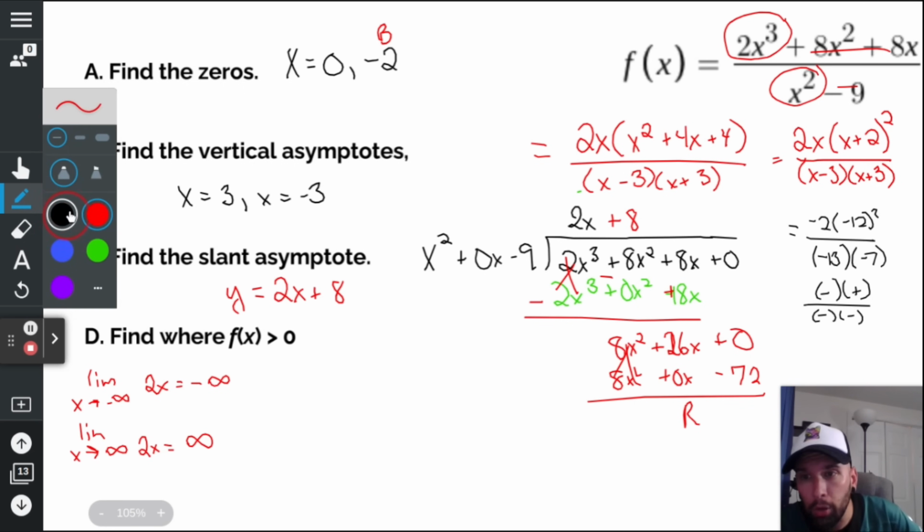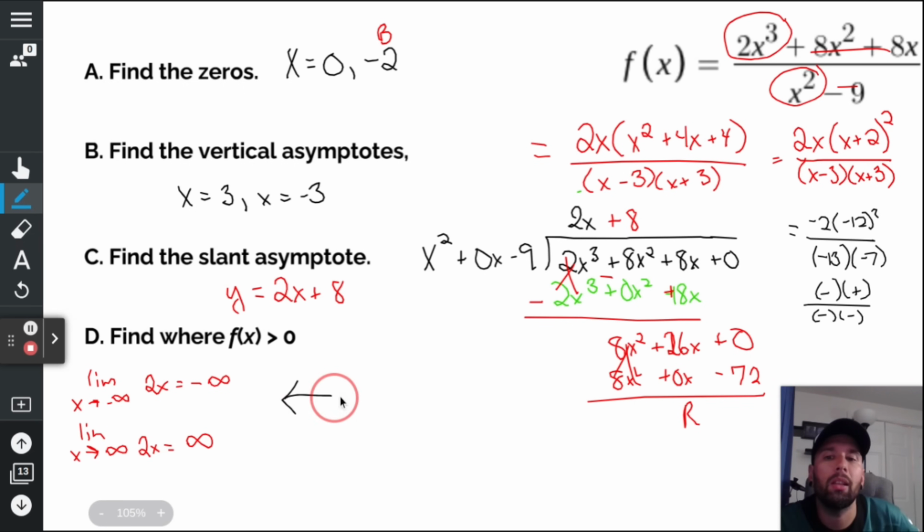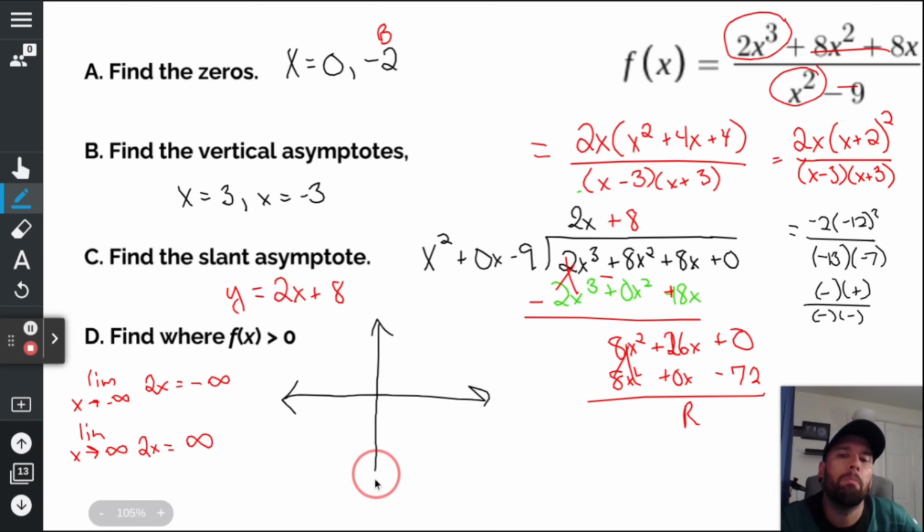So let's recreate a very possibly inaccurate graph of what this is going to look like. Action happens at -3, -2, 0, and 3. That's where the action happens.